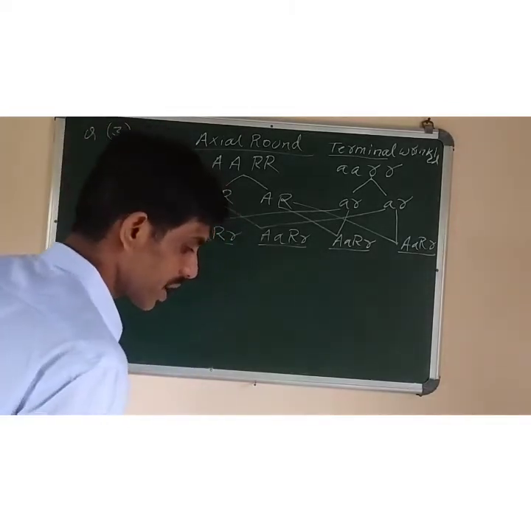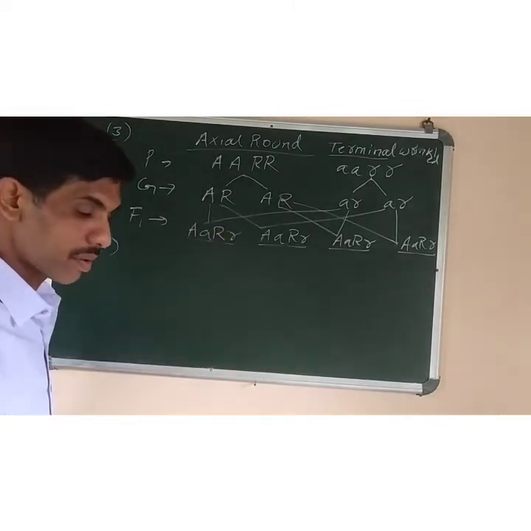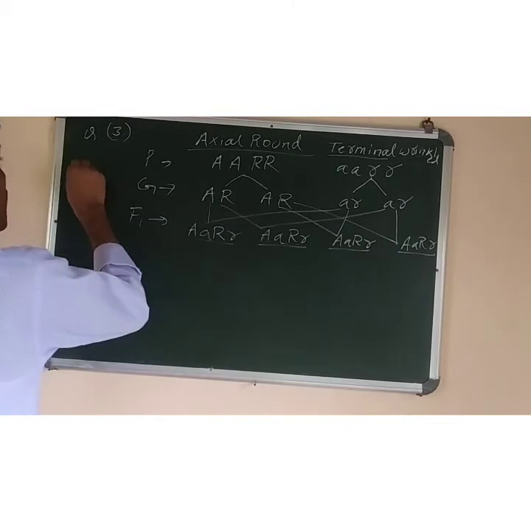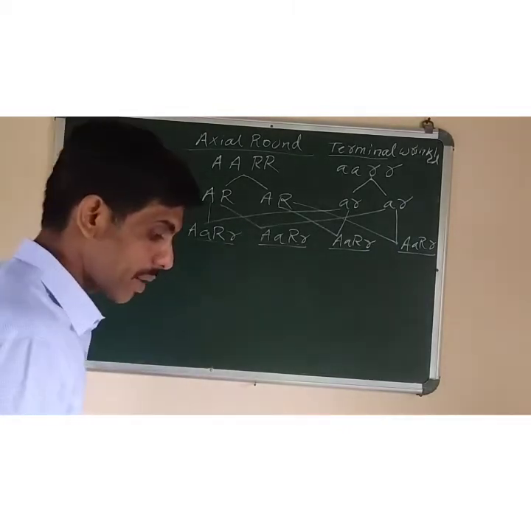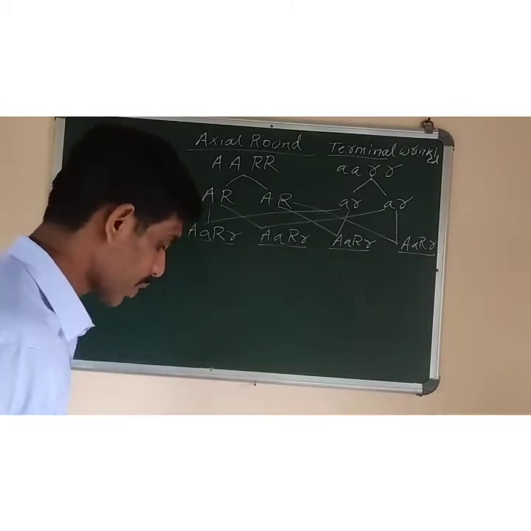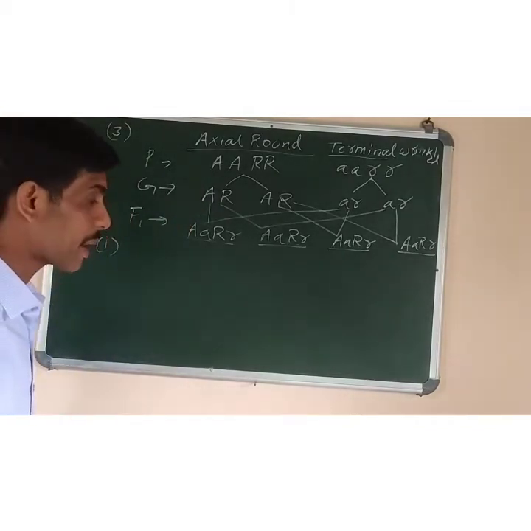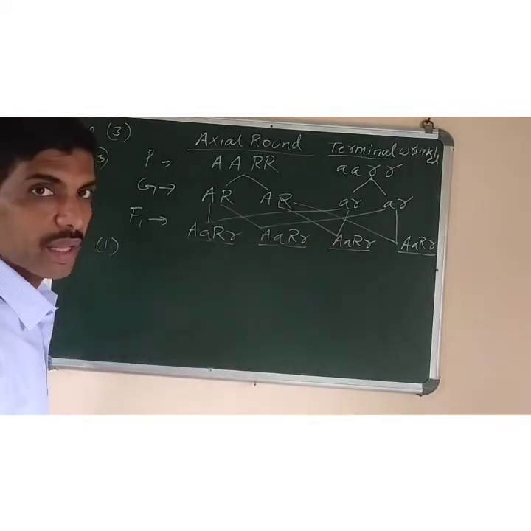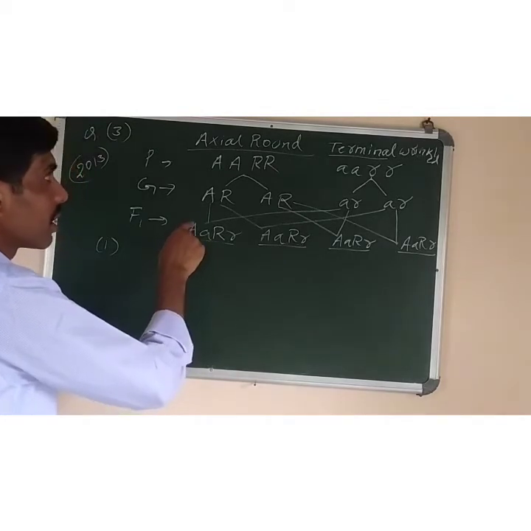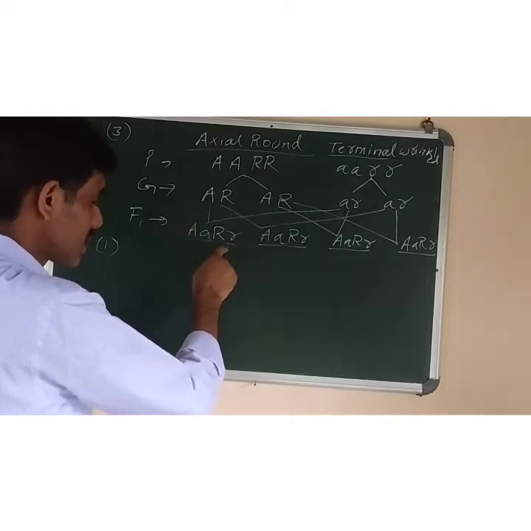Okay, now what is the question asked? Number 1, based on this diagram, which is already given in the question, and it was asked in the 2013 board exam. Okay, 2013 question. Give the phenotype of the F1 progeny. So what is the phenotype of the F1 progeny? Phenotype means how they appear. They are all plants with axial flowers and round seeds.